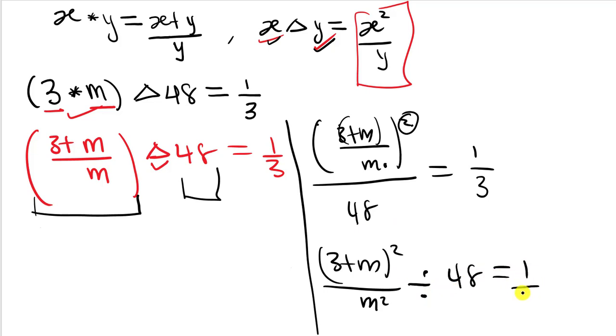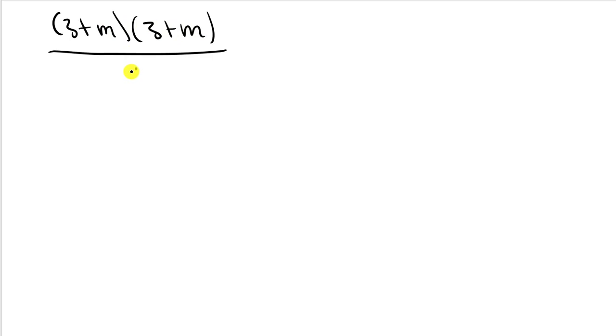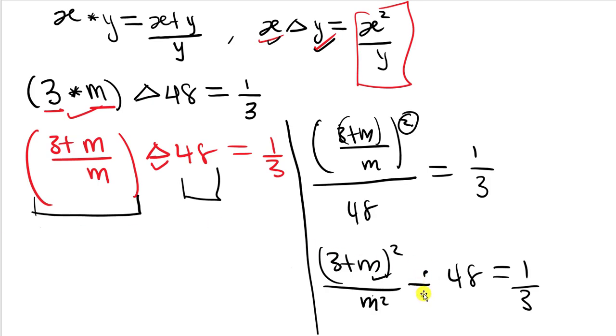And this is equal to 1 over 3. So our next step, we are going to expand this bracket here. So we are going to have (3 plus m)(3 plus m), all over m squared, times. Now, if you look at what we have, it was a division sign.